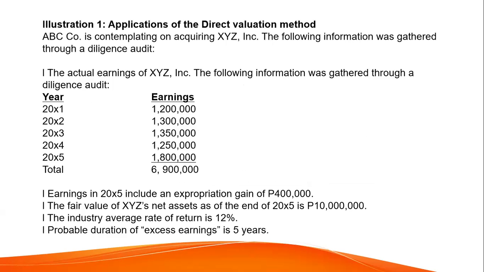Now we begin with illustration number 1, the application of the direct valuation method. ABC is contemplating on acquiring XYZ Incorporated. The following information was gathered through a diligence audit.